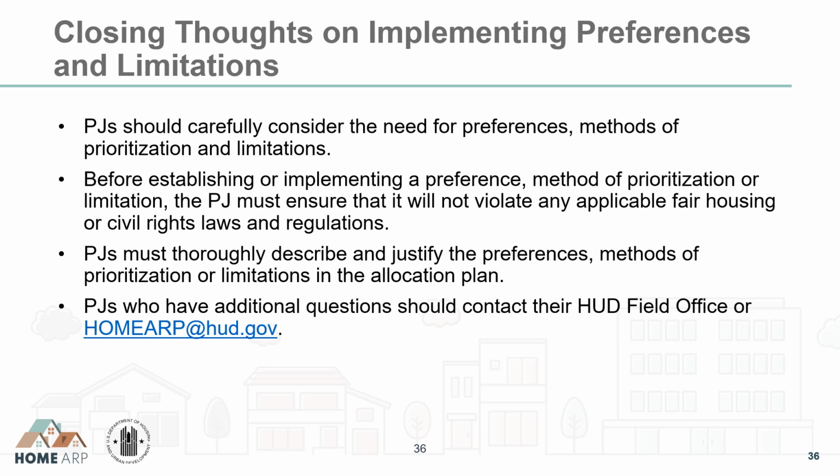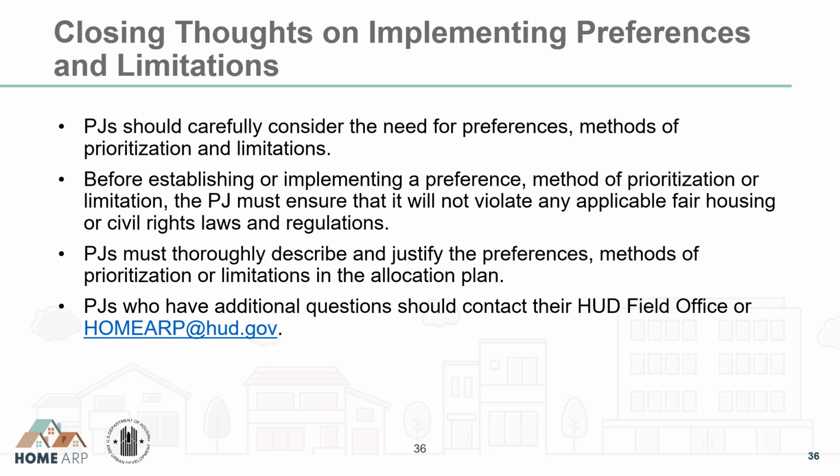PJs should carefully consider the need for preferences, methods of prioritization, and limitation based on information obtained through consultation, the needs assessment, and gaps analysis process. Before establishing or implementing a preference, method of prioritization, or limitation, the PJ must ensure that it will not violate any applicable fair housing or civil rights laws and regulations.